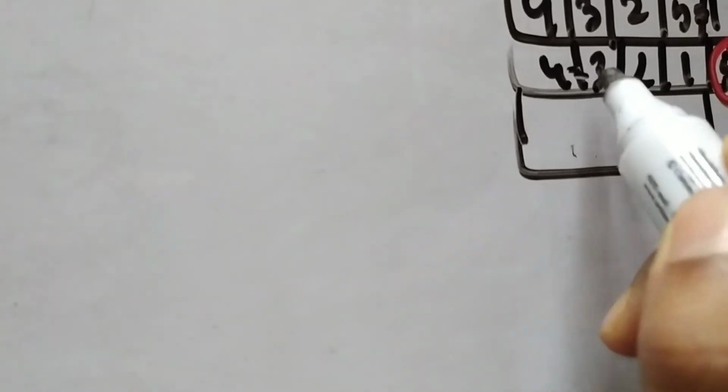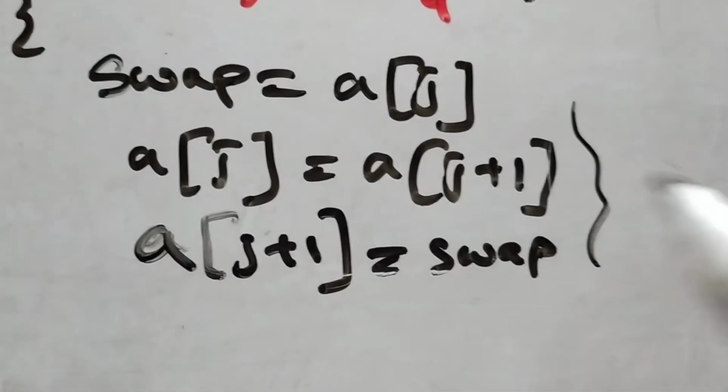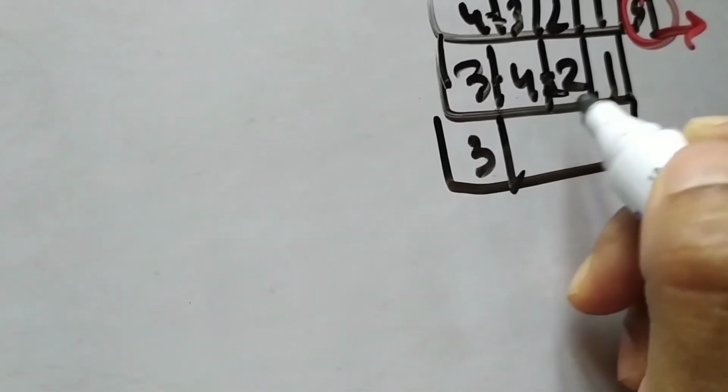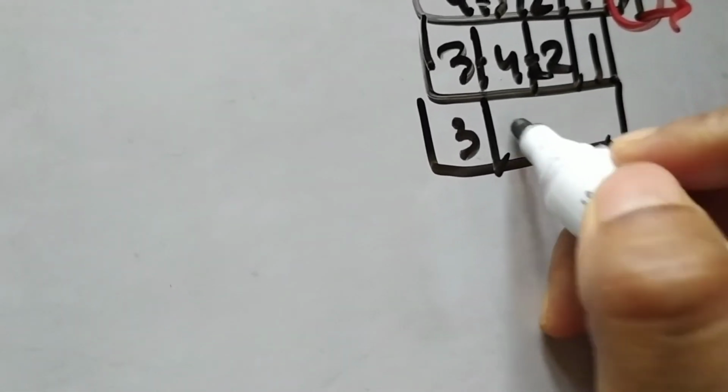4 is compared with 3, and 4 is greater, following this condition, so the values will be exchanged: 3, 4, 2, 1. Now again 4 and 2 are compared, and those values will be exchanged.